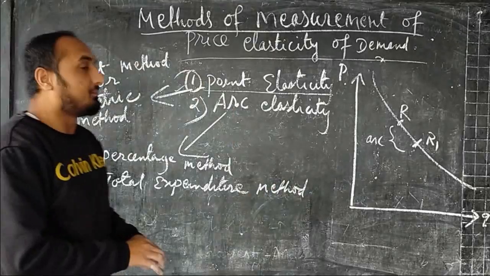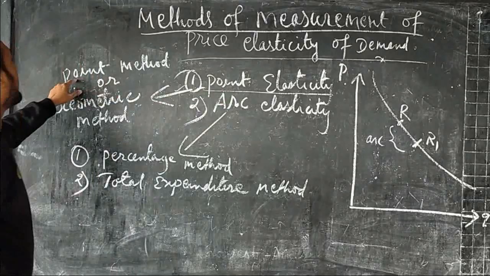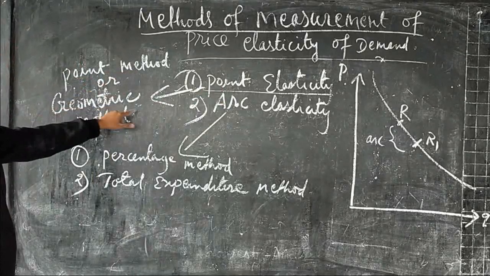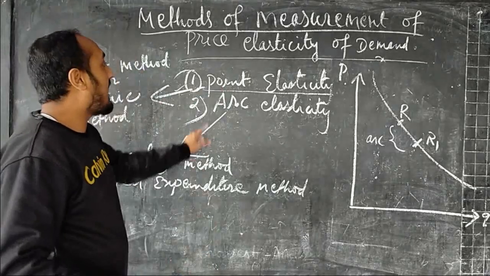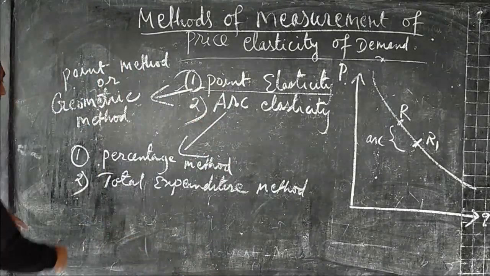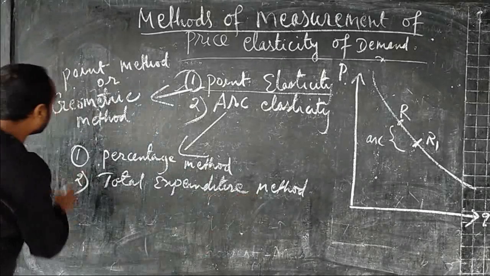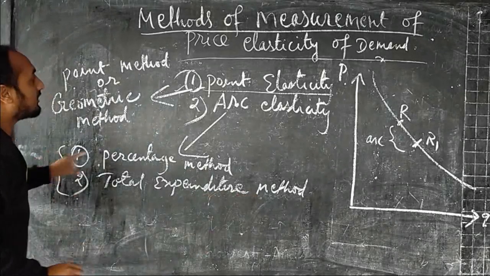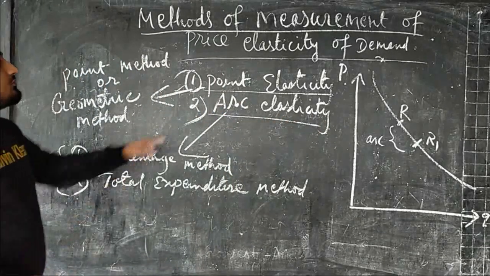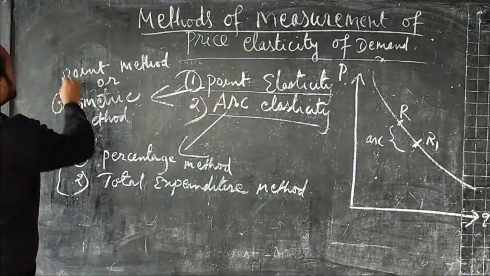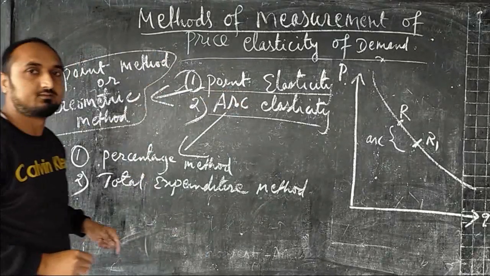Once again, the method used for measuring the point elasticity is called point method or geometric method, and the method used for measuring the arc elasticity is percentage method or total expenditure method. So these two methods can be used to measure arc elasticity, and in order to measure the point elasticity we can use this point method or geometric method.